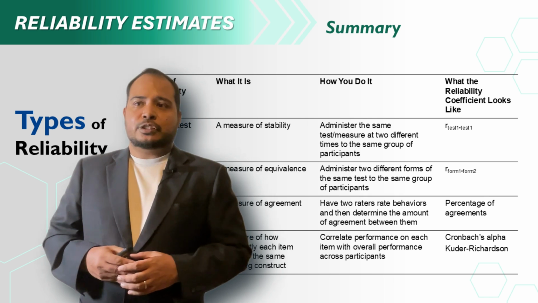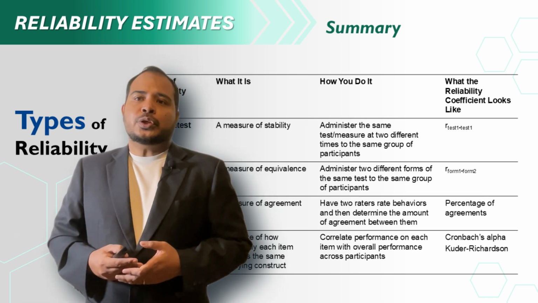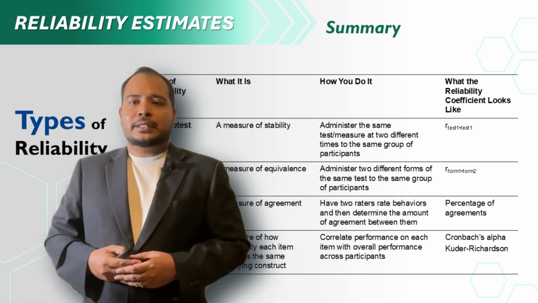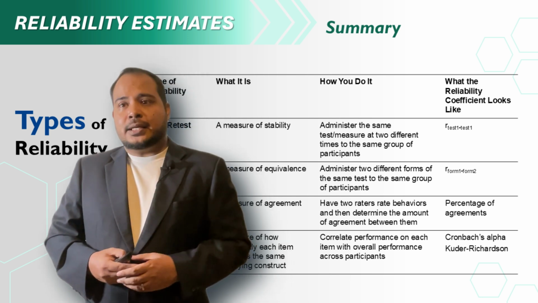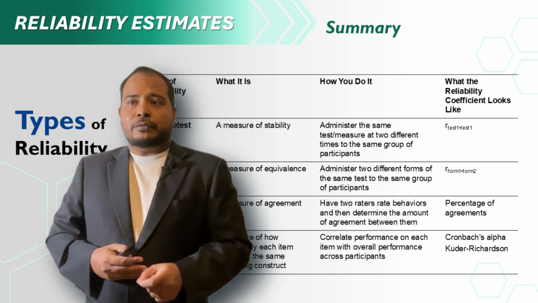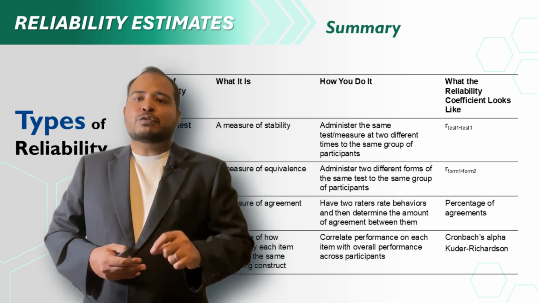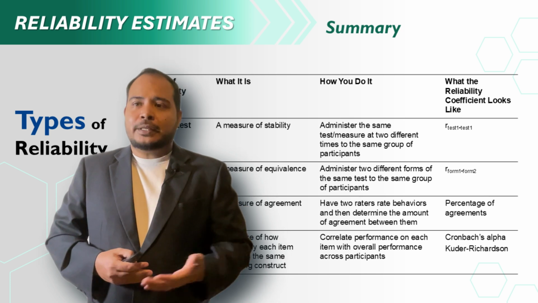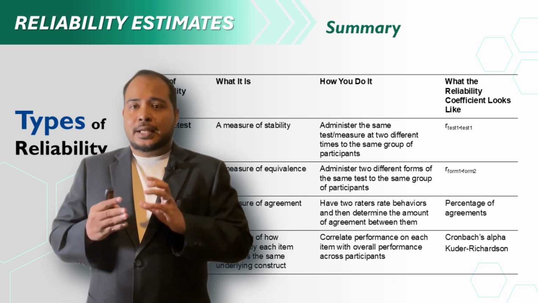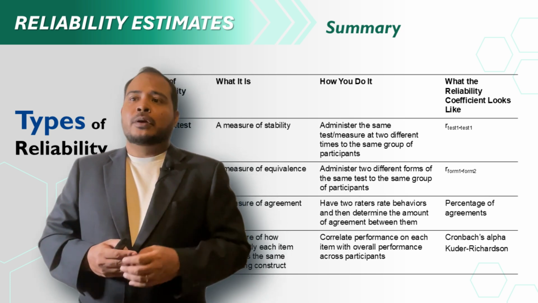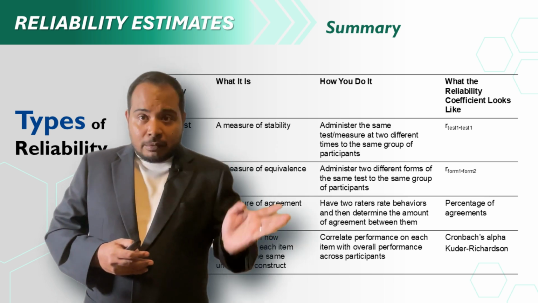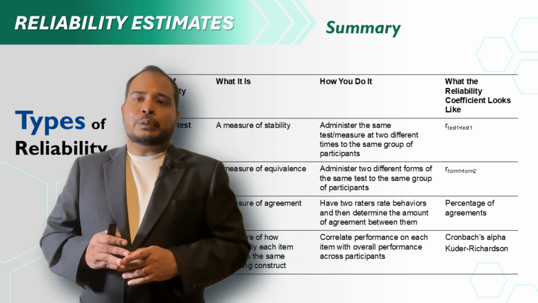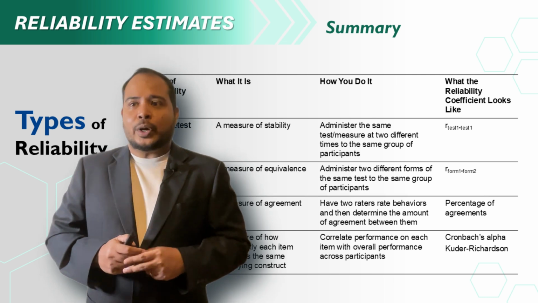That is the homogeneity aspect. So how do we do each? For test-retest, we administer the same form of the test to the same group of people at two different times. I repeat, we administer the same form at two different times to the same group of people, so we administer it twice.